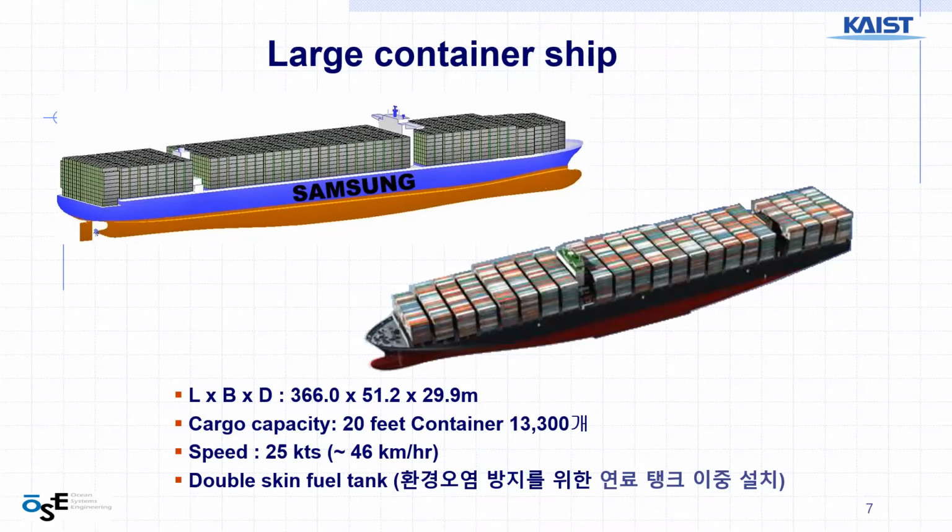You see that. And the double skin fuel tank is there to protect against liquid spilling out, to prevent environmental pollution. They have a twin skin, double skin of the tank, because usually the fuel tank is located near the bottom of the ship.